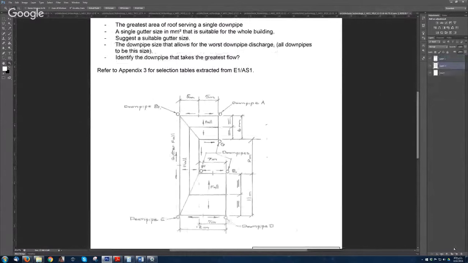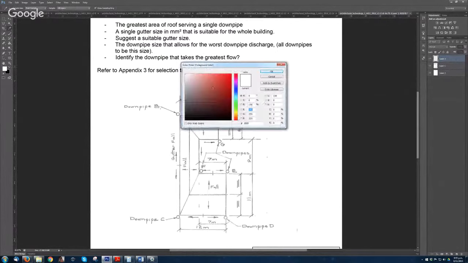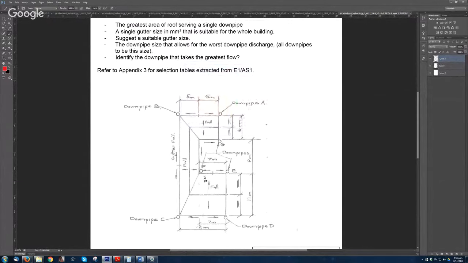Create a roof area serving a single downpipe. So when you do this, be sure to look at where the arrows are going.